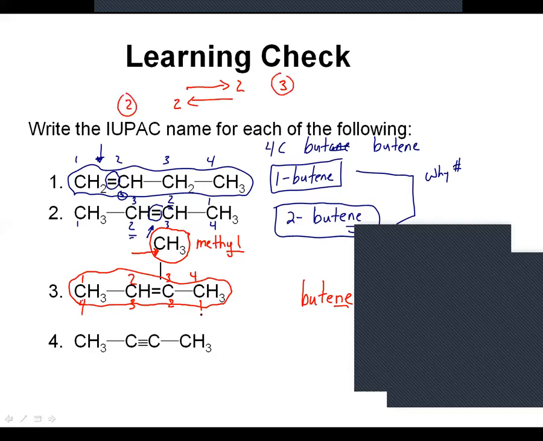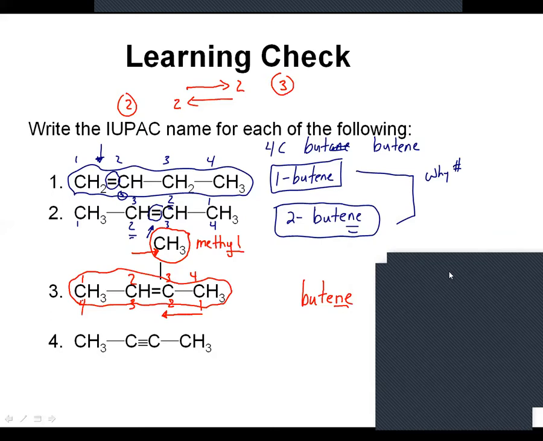So although it makes no difference for the double bond, it will make a difference for our next important thing, which would be the group. And in that case, we would want to go right to left, which means our double bond is located at carbon number 2. We still need that.